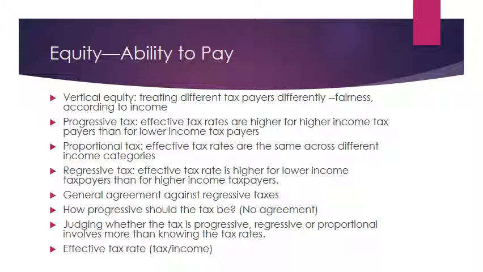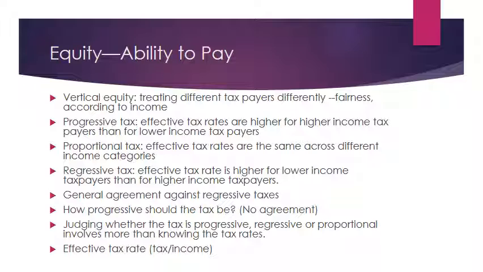The opposite would be a regressive tax, where the effective tax rate would be in a way where lower income taxpayers are paying a larger percentage of their income in tax compared to higher income taxpayers.